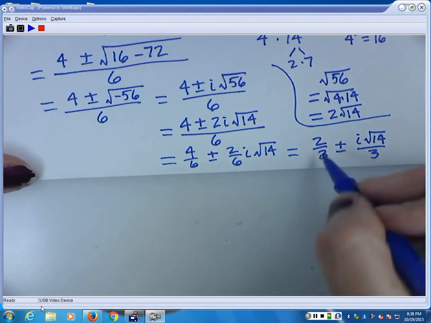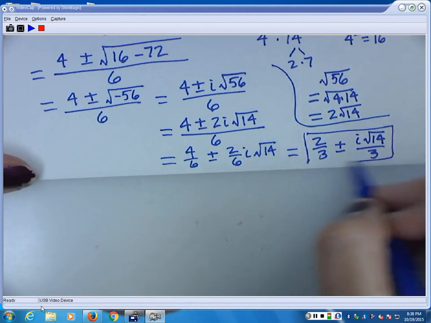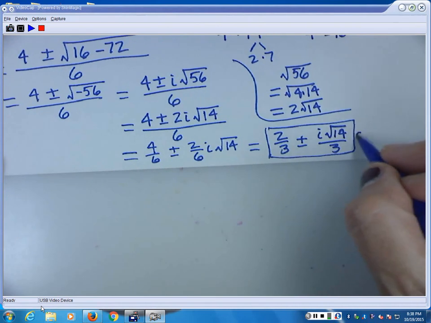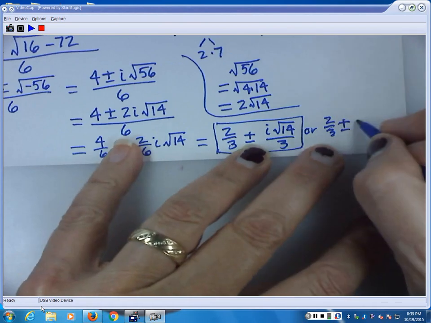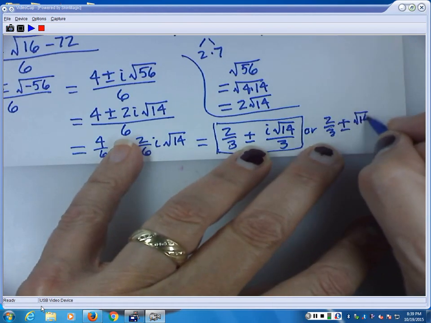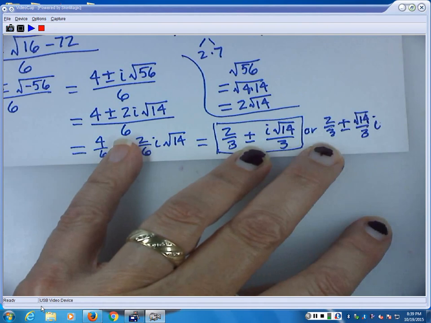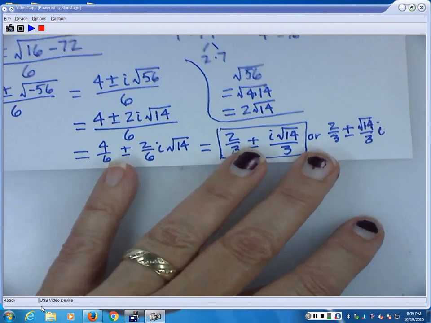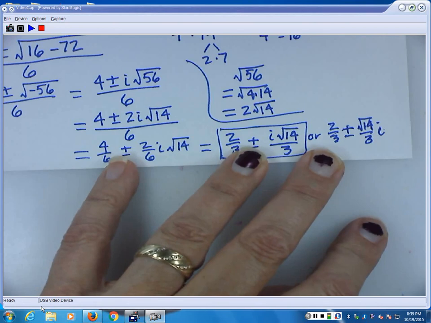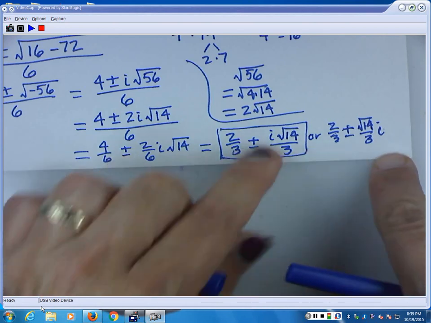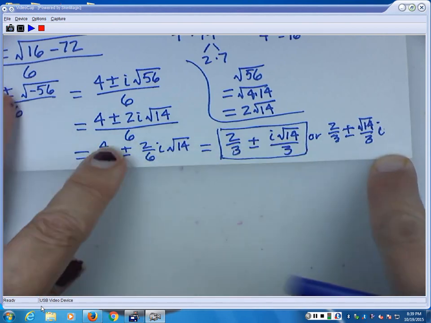If you write it as 2/3 plus or minus the square root of 14/3 and then put an i here, that's all right, I'm not going to count off. You can write it either way, but this is the way we prefer to put the i in front of the square root sign.